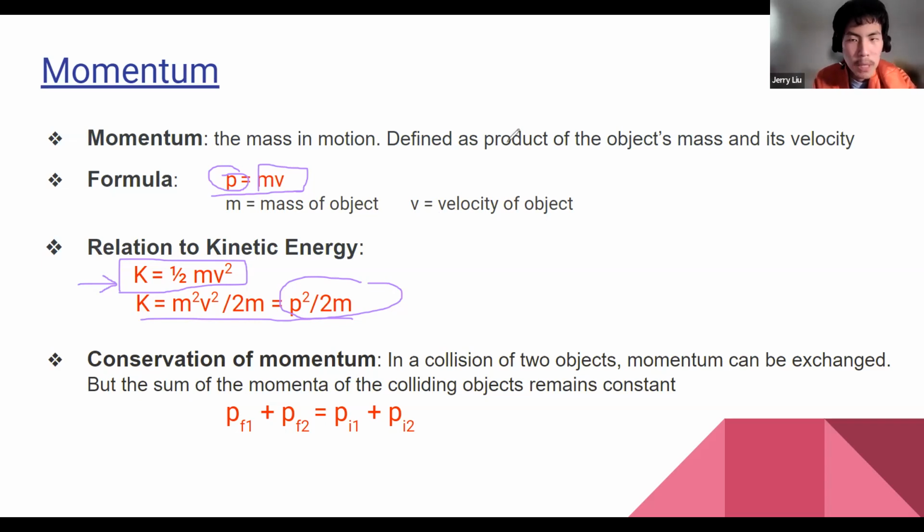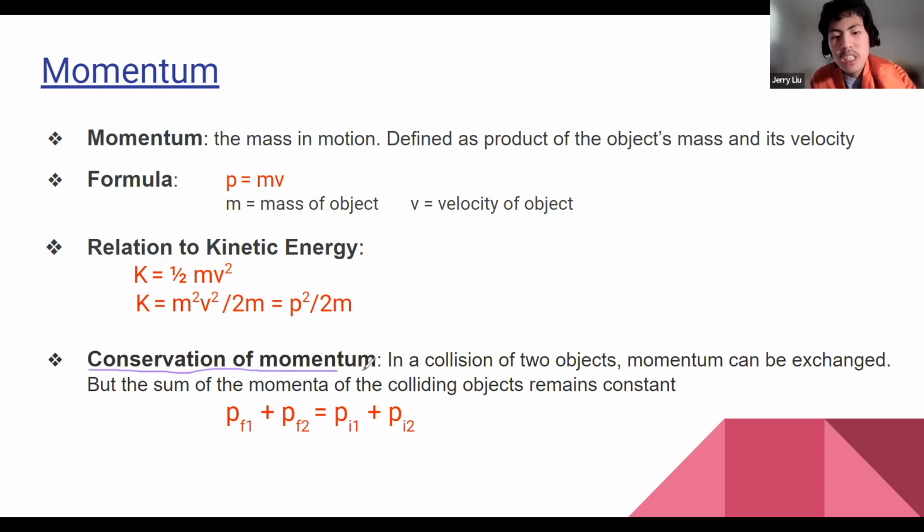And the main law that you have to remember when dealing with momentum is conservation of momentum. This means that in any type of collision of two objects, unless there's an extra force involved, momentum must be conserved. Since velocity is a vector property, momentum is a vector property.